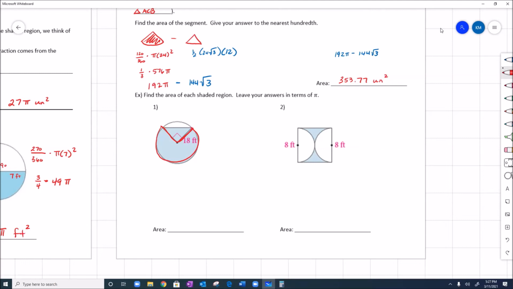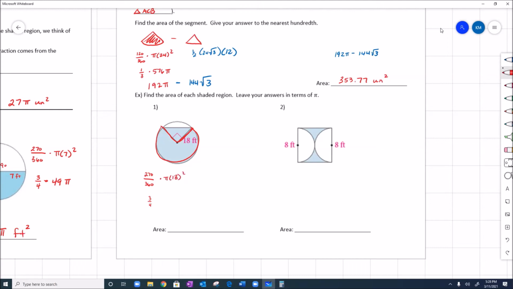So the central angle here is 270 degrees, and we should know that because this is 90, right? 360 minus 90 gives us 270. That simplifies to give us 3/4 of our circle, and our entire area is found by doing pi r squared.